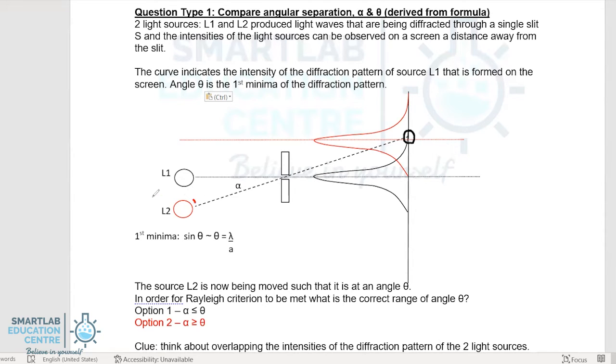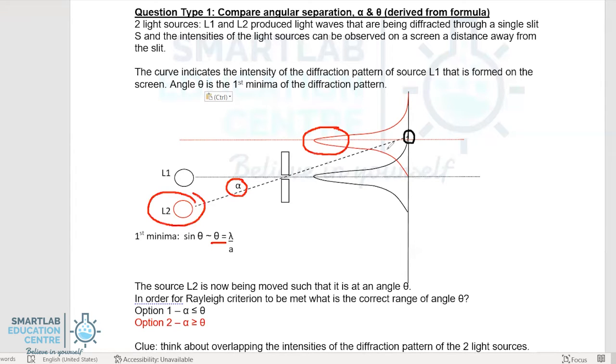When we now take a look at L2, based on the angular separation of alpha, if alpha is exactly equal to theta, then that is when the intensity of the central maximum coincides with the first minima of source L1.